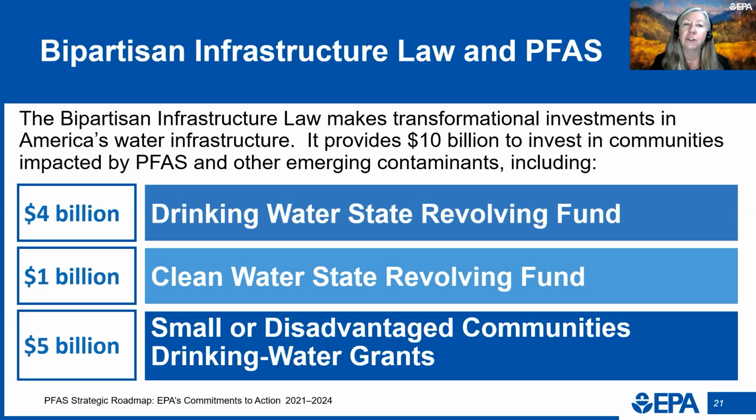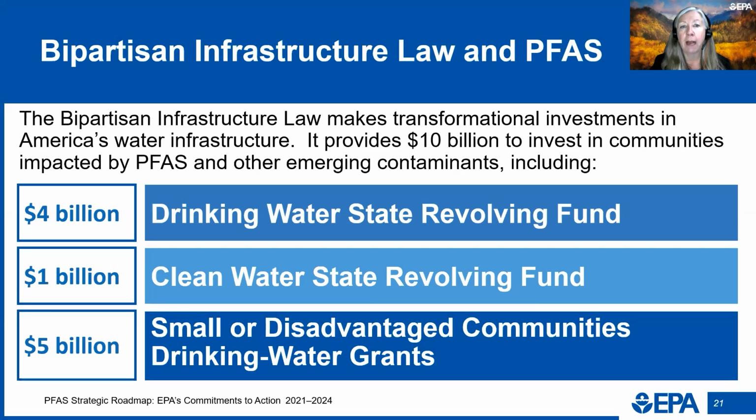In February of this year, EPA announced the availability of $2 billion from this program to address emerging contaminants, including PFAS in drinking water across the country. These funds will be allocated to states and territories and will promote access to safe and clean water in small, rural, disadvantaged communities while supporting local economies.